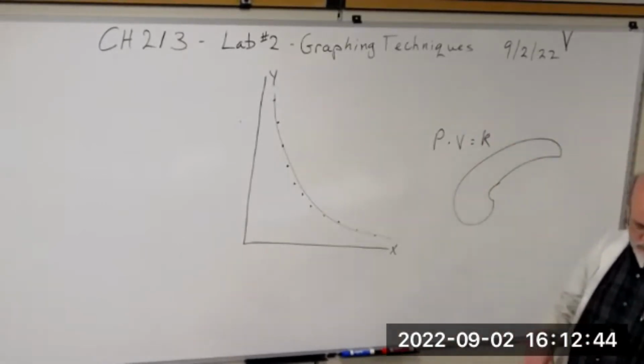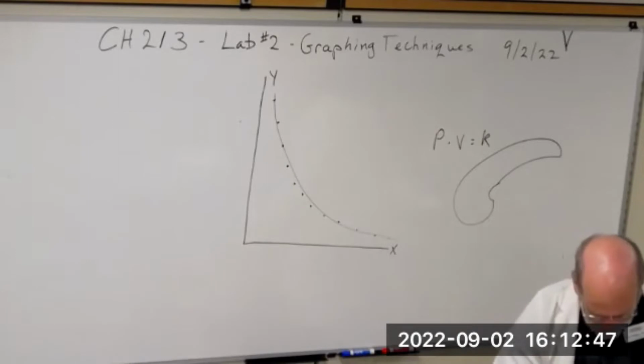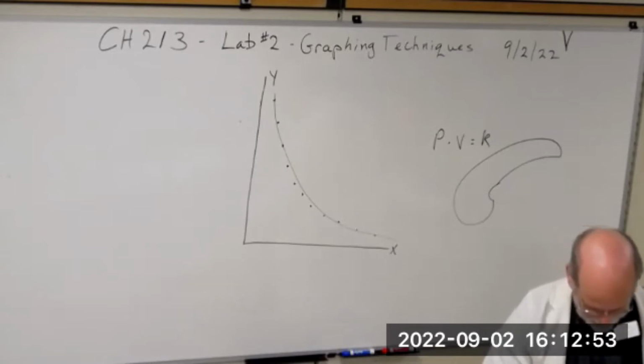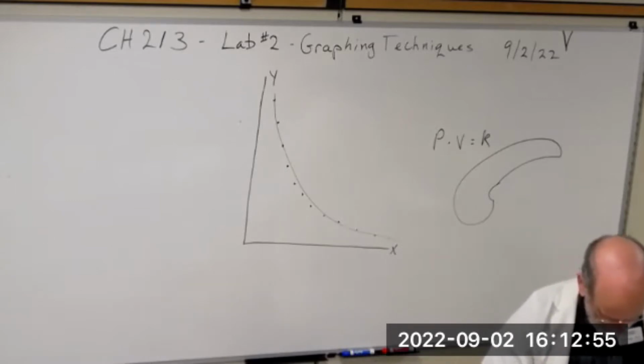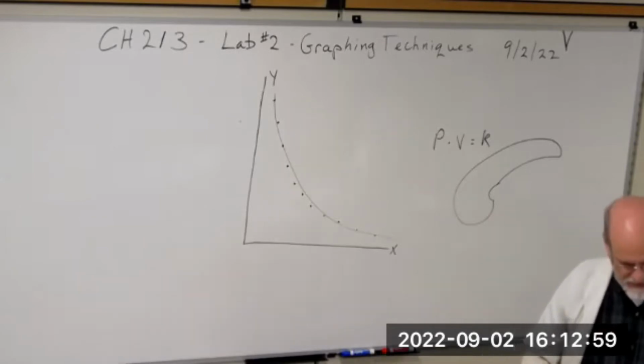Okay, so what do we do with that? Well, one of your questions in here wants you to plot just that type of data. And it's a nonlinear relationship. Figure 3 on page 19 is the example.